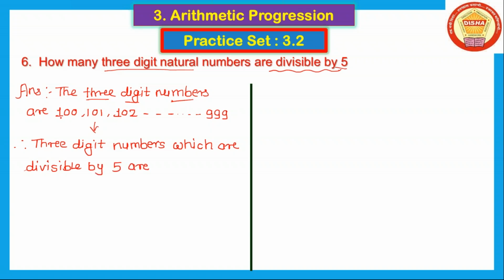We take the numbers from this sequence which are divisible by 5. Here first term is 100. So we write here 100. The next term 105. The next 110. We go up to the last term. See here, last term is 999, but it is not divisible by 5. So we go before that.